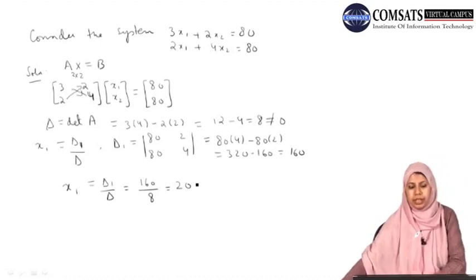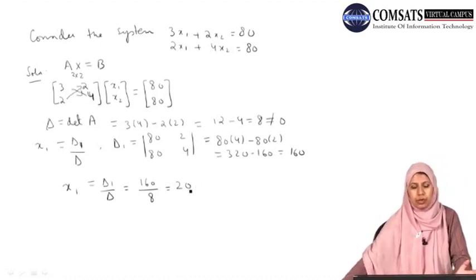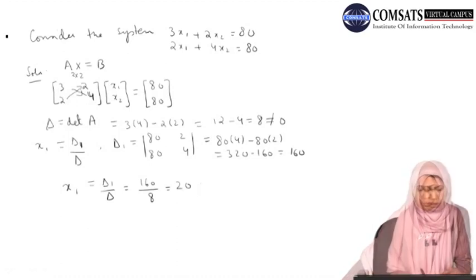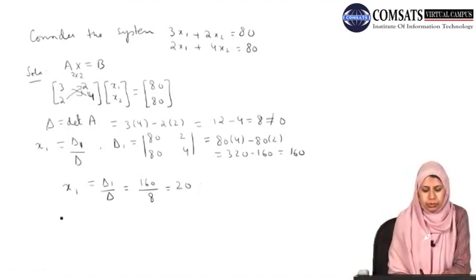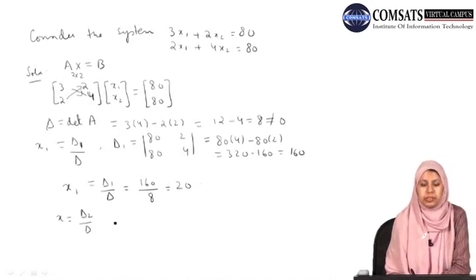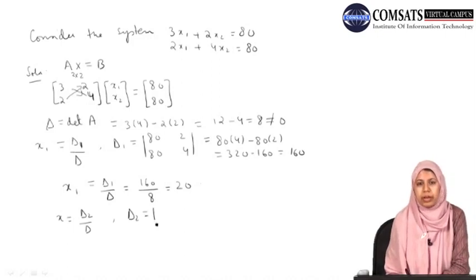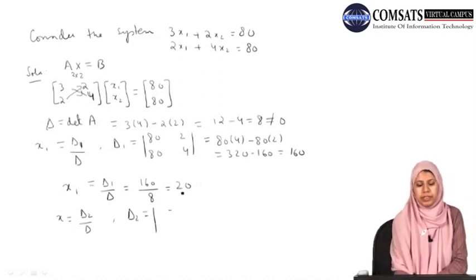Now we will find our delta 2 and then the value of our unknown x2. The value of x2 will be equal to delta 2 over delta. First we have to calculate delta 2. Delta 2 is the determinant of the matrix obtained by replacing the second column with the column of constants.